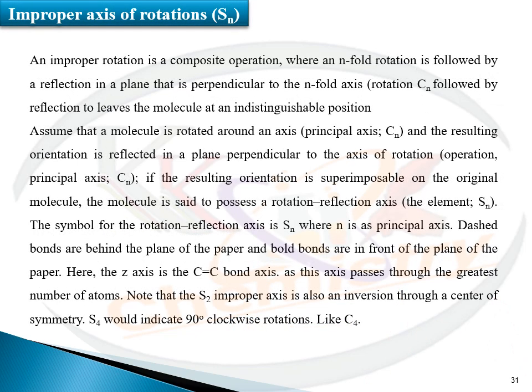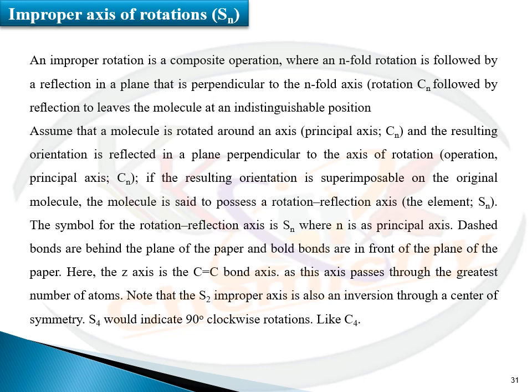Improper axis of rotation. It is not just a proper axis, meaning a Cn axis. It is something else. It is a type of rotation where the proper rotation is followed by a mirror plane that is perpendicular to the principal axis.